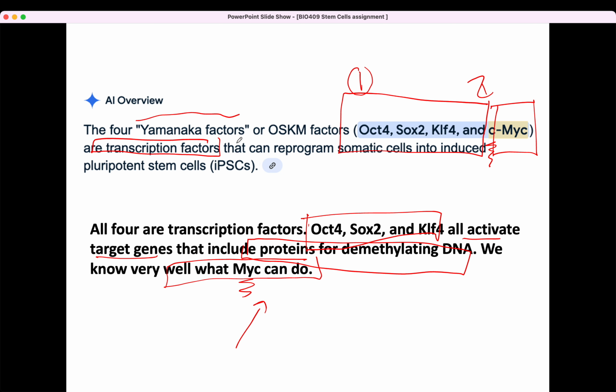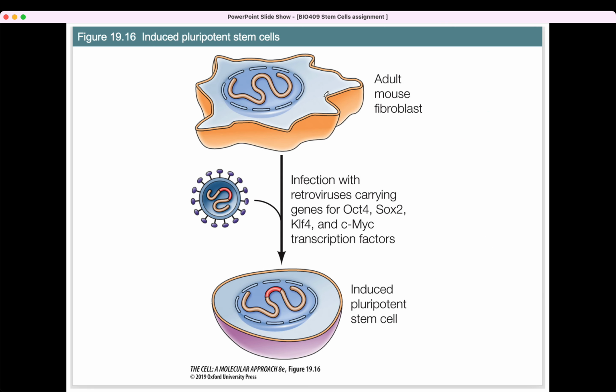This just stands for OCT, SOX, KLF, and MYC. What we're especially focused on is they're all transcription factors, and they're already in the cell, but to get them going, we're going to force their expression.